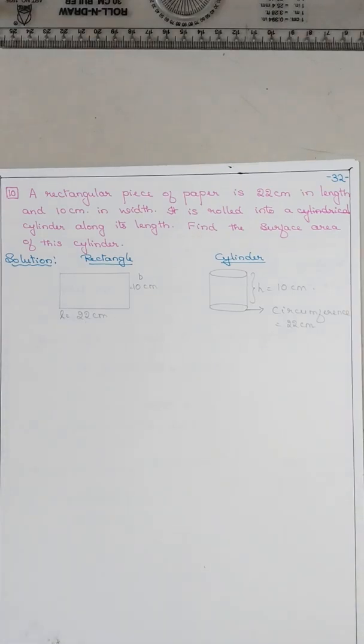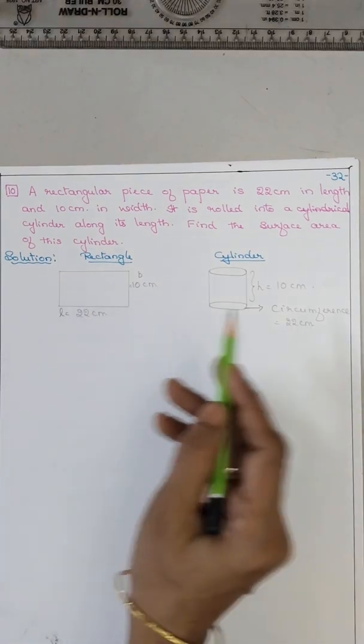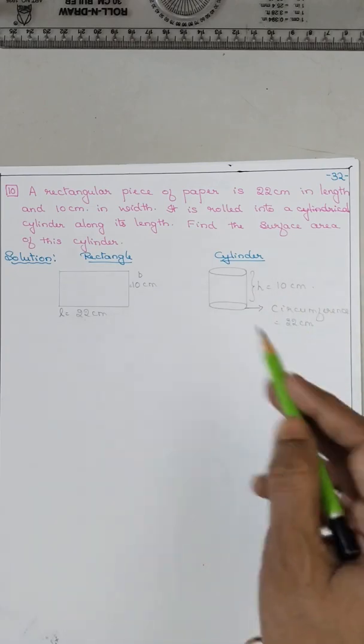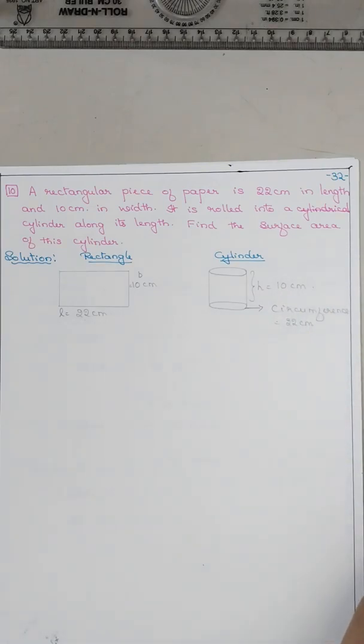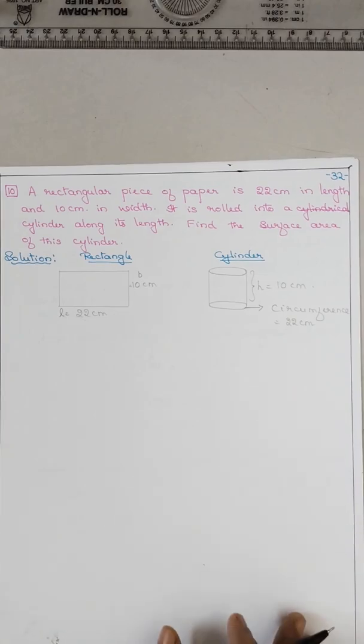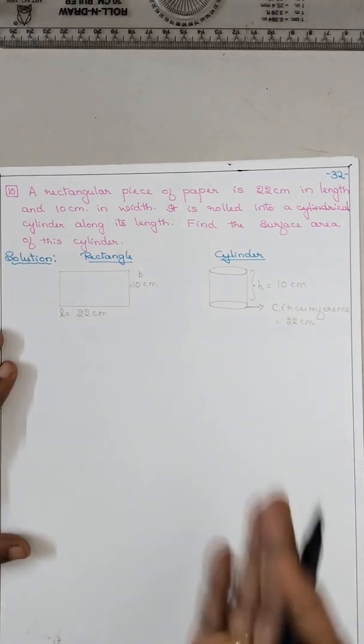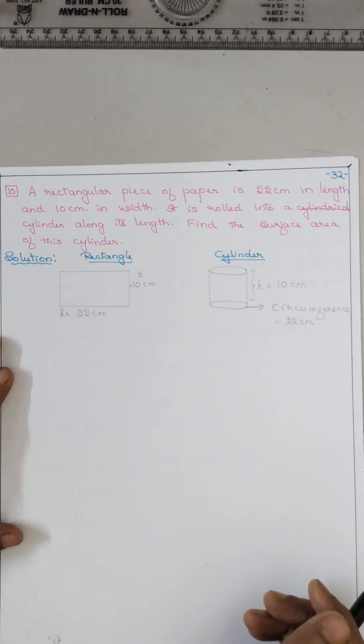This you have to understand. So when you make a rectangle into a cylinder, length becomes the circumference of the base, that is the circle, and breadth becomes the height. Now we'll write. So find the surface area of the cylinder.